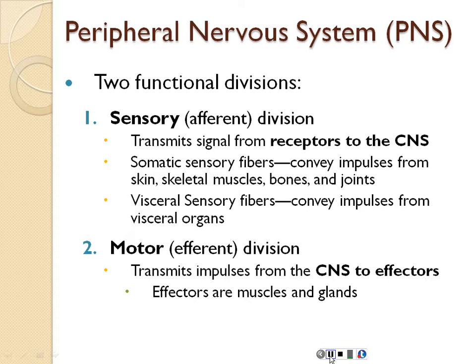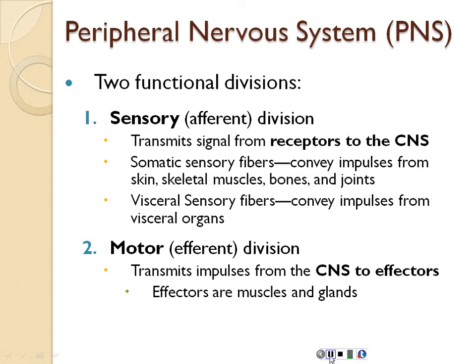In order for us to make any movement voluntarily, that signal starts where? Brain, CNS. So the motor division involves those nerves that transmit a signal from the CNS, which is my brain or spinal cord, on out to a muscle or gland, an effector.